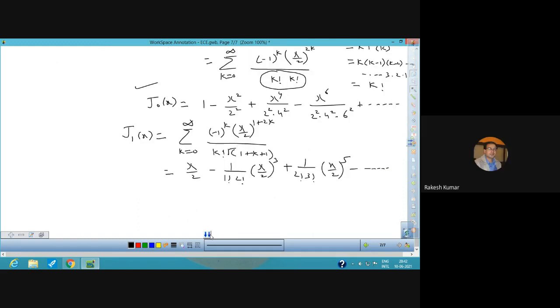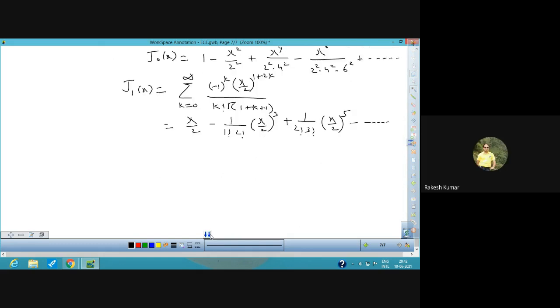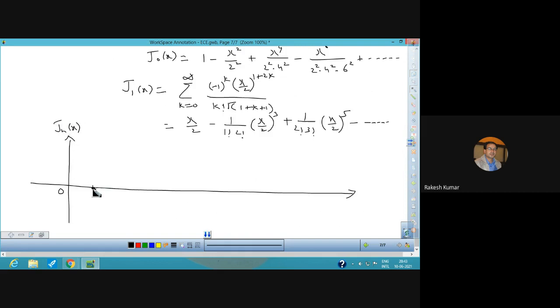Now, the graphs can be plotted. Graph of j1x and j0x can be plotted on the axis. So this is your origin point, and along this we will have j and x, that is your Bessel function. 1, 2, this is your 3, this is your 4, this is your 5, this is your 6, this is your 7, this is your 8, this is your 9. You can plot the graph. Your J naught X will start from here.